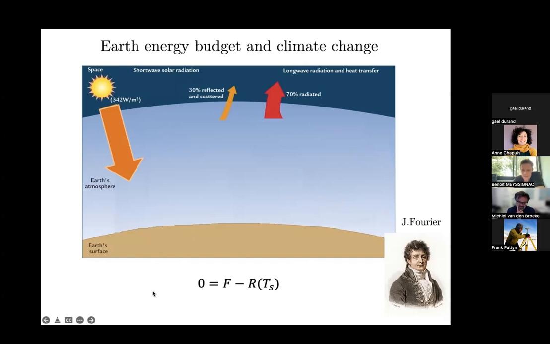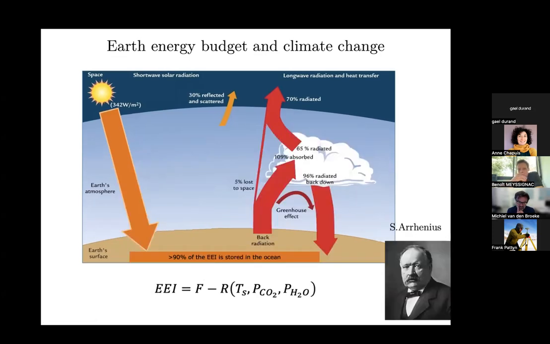Quickly after the beginning of the 20th century, Sven Arrhenius explained that things were more complicated than this. Actually, there is a greenhouse effect in the atmosphere because of the presence of greenhouse gases such as CO2 and also water vapor.